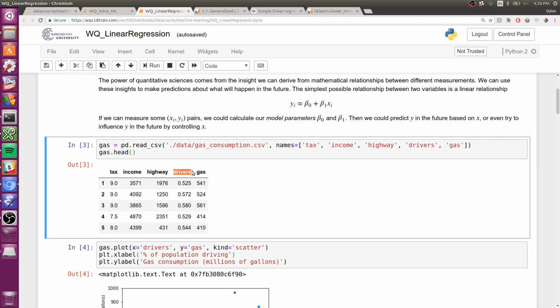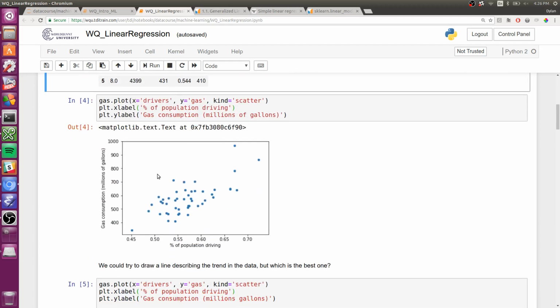Some things that it can control are the amount of miles of highway. Often because the government is the institution building the highways, so the government gets to decide. And the government also sets the taxes.